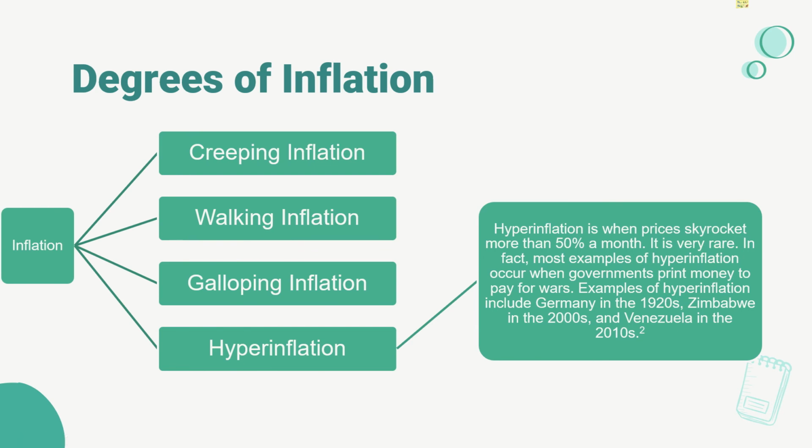The best examples of hyperinflation are Germany's in the 1920s, Zimbabwe's in the 2000s, and Venezuela's in 2010. These were a few examples of hyperinflation, if you wanted to relate to any such examples.